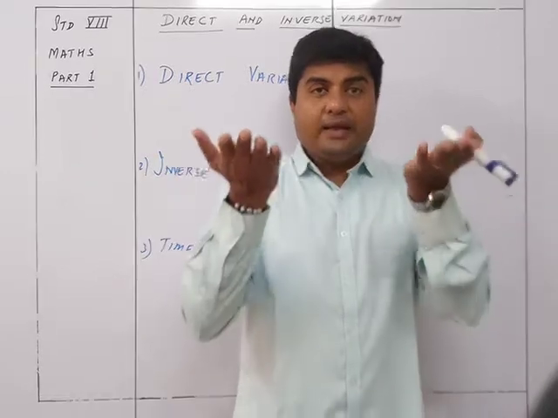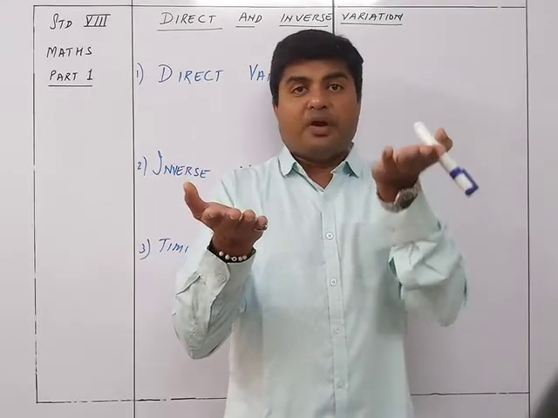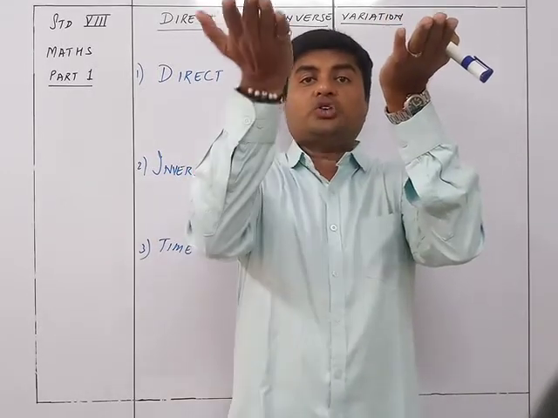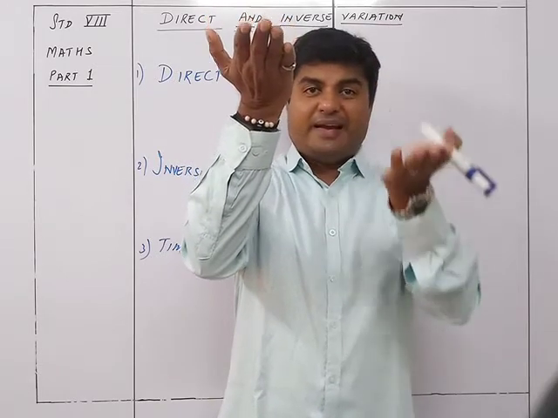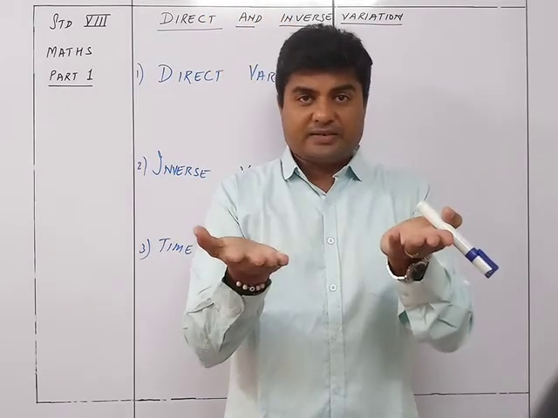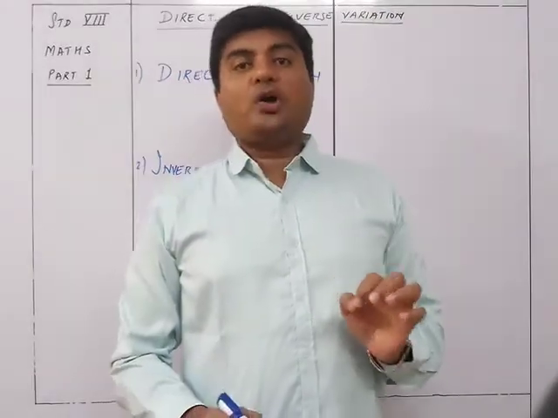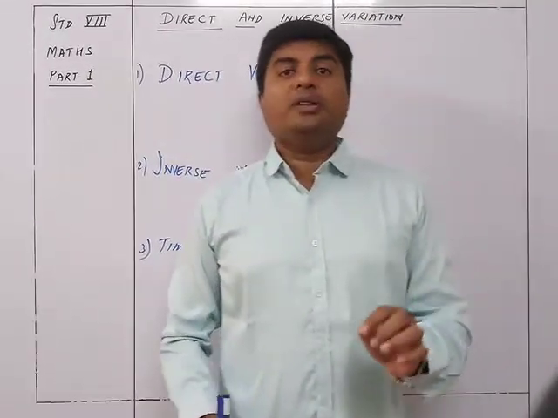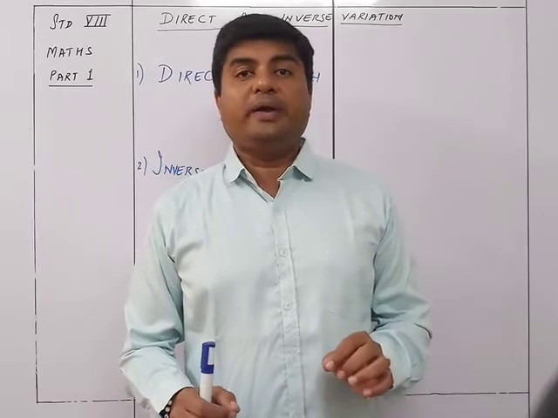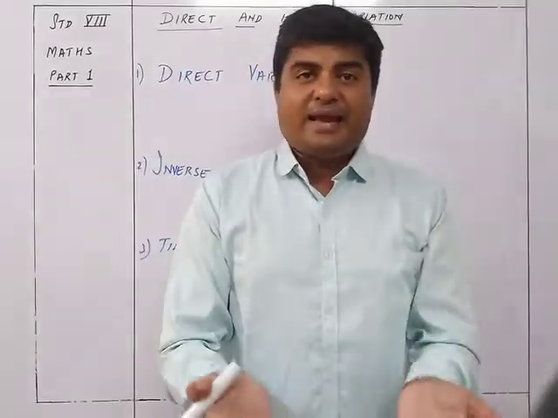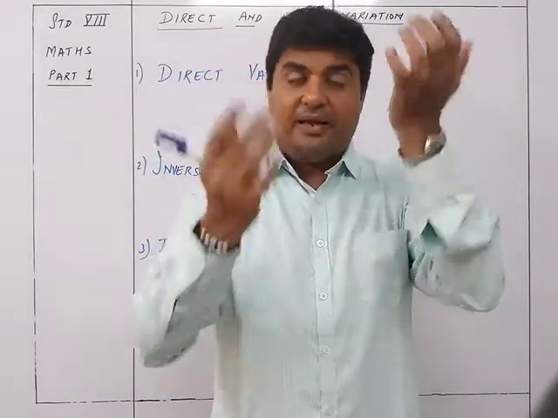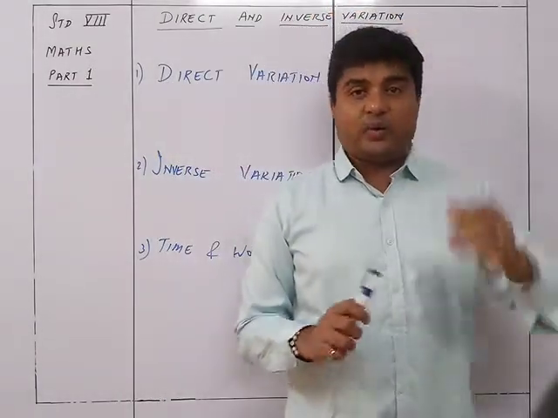So you can see, if my number of pens increases, my cost also increases. If the number of pens decreases, my cost also decreases. So whenever both the quantities are increasing and decreasing simultaneously, it is called direct variation.